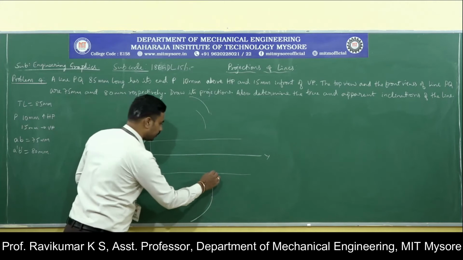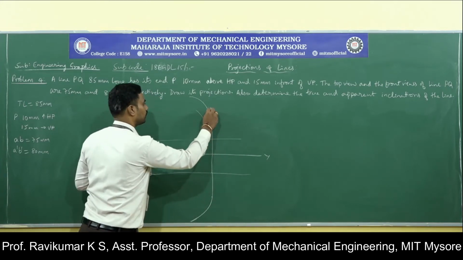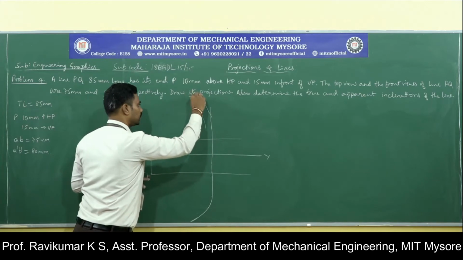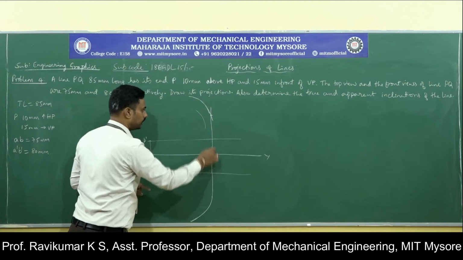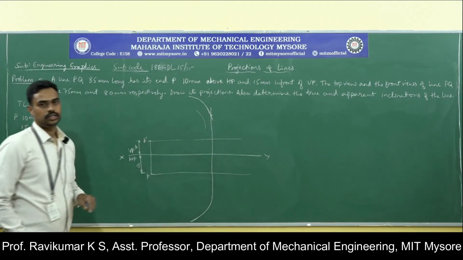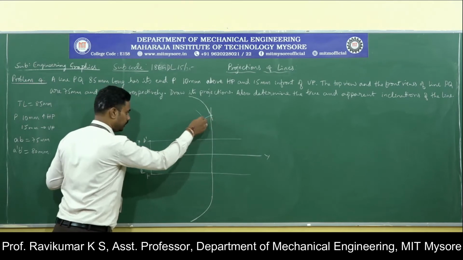So from this point, if you project, you will get the true length in the other. So if you just extend this curve, wherever this curve and this line cut, that point will be the true length.